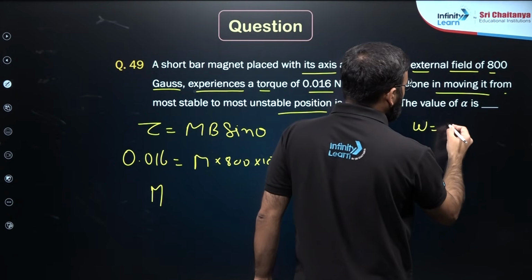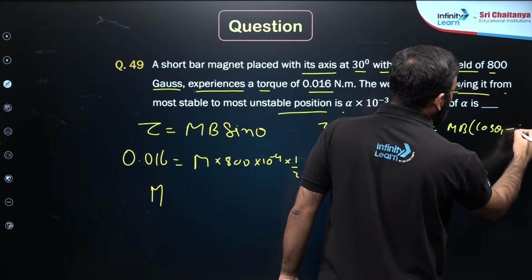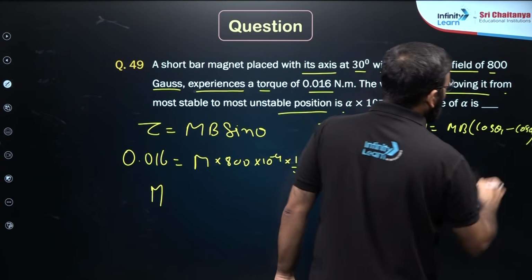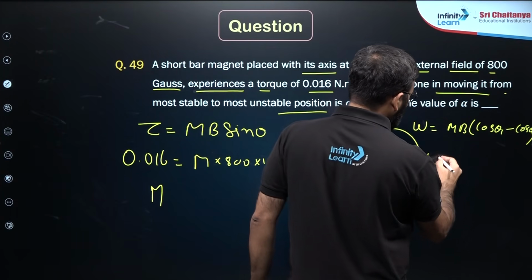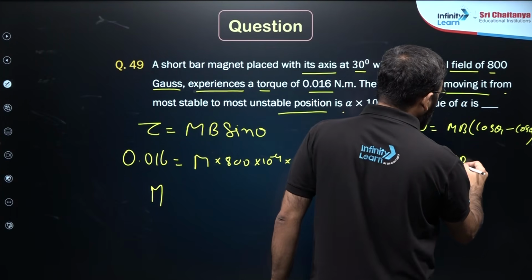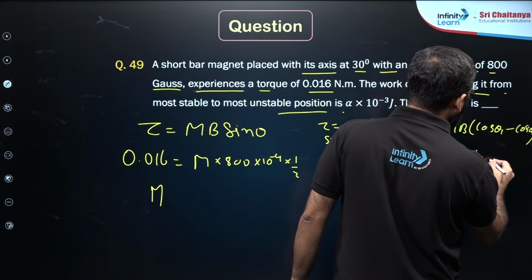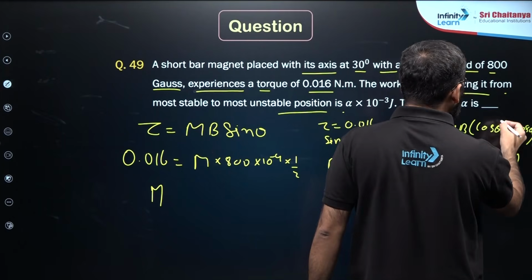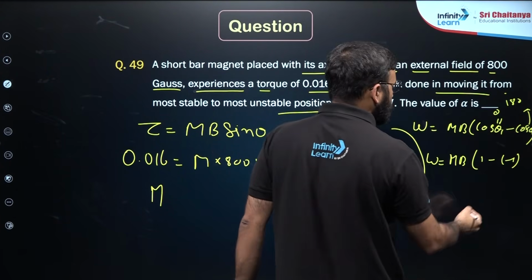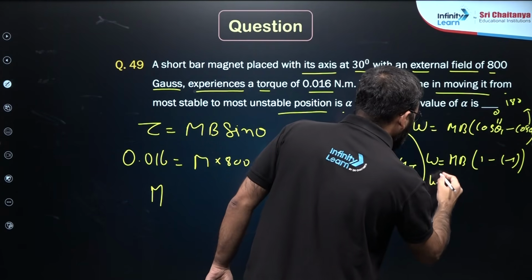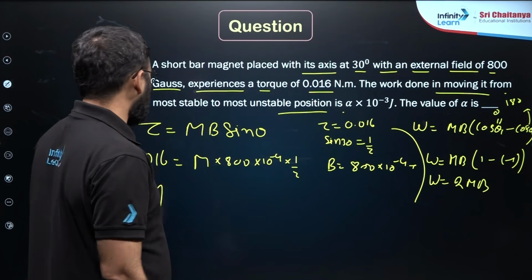So W equals to mB times cos theta 1 minus cos theta 2. So theta 1 is 0 and theta 2 is 180. So W equals to mB, this cos theta is my 1 minus, because theta 2 is 180, cos 180 value is minus 1. Okay, so W equals to 2 times mB. So the m and B value you can get easily here.